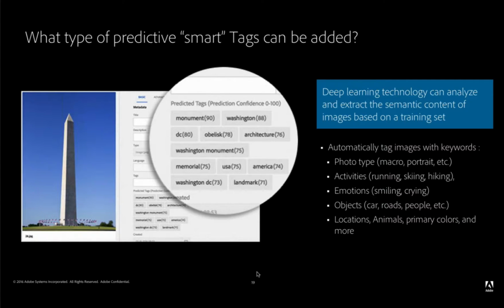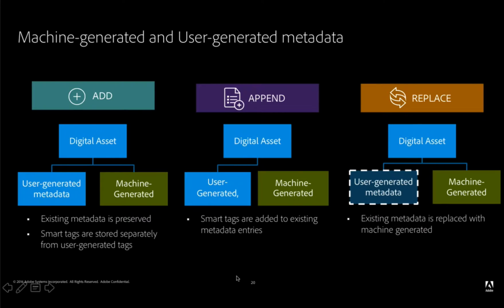But what do we actually do with the tags? There are three different ways you can use these tags. If you have an image that has user-generated metadata already, you can add it in a different place, you can append it, so basically just put it with all the user-generated data, or you can replace it.